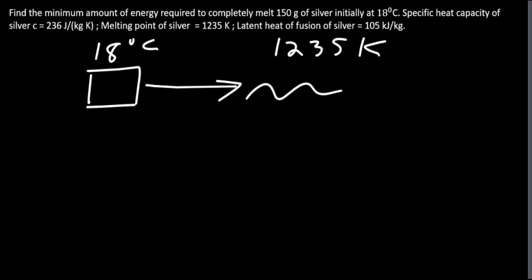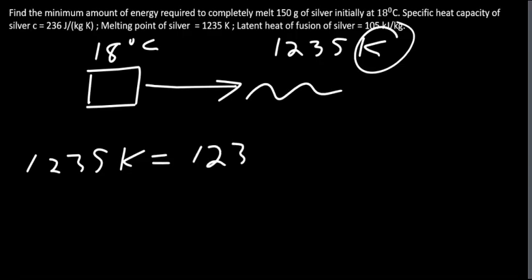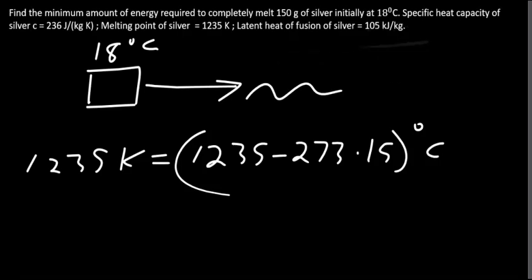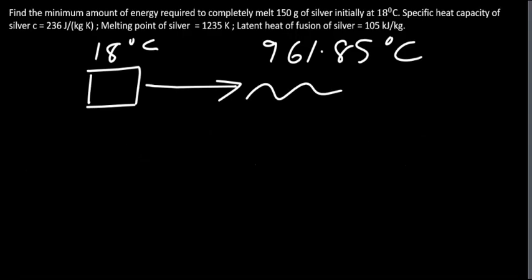Let's first change Kelvin into Celsius. 1235 Kelvin equals 1235 minus 273.15 degrees Celsius. So in degrees Celsius, the final temperature of that liquid silver is 961.85 degrees Celsius. So what are the processes involved?